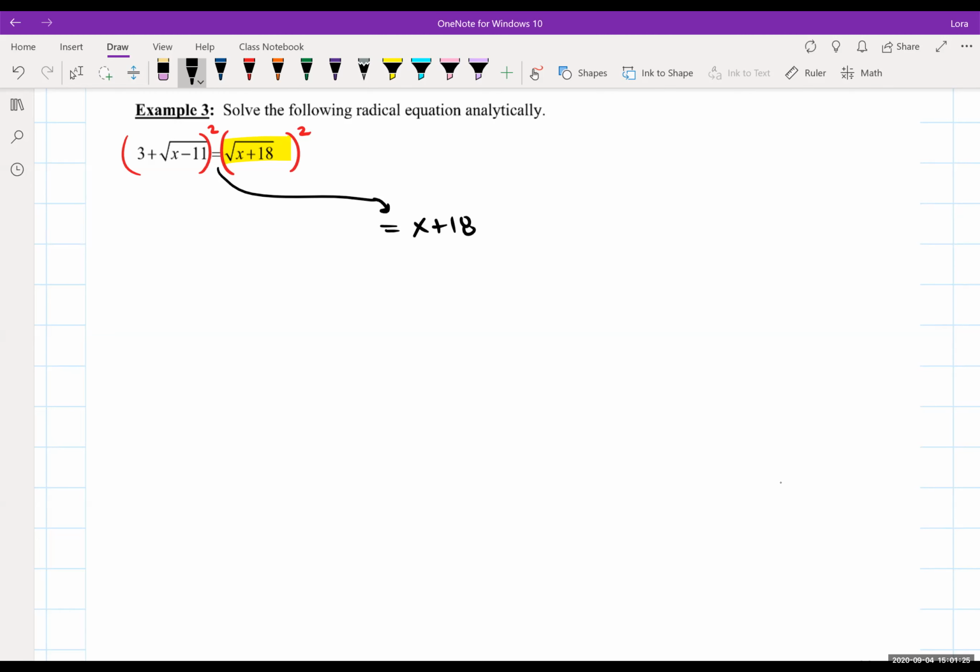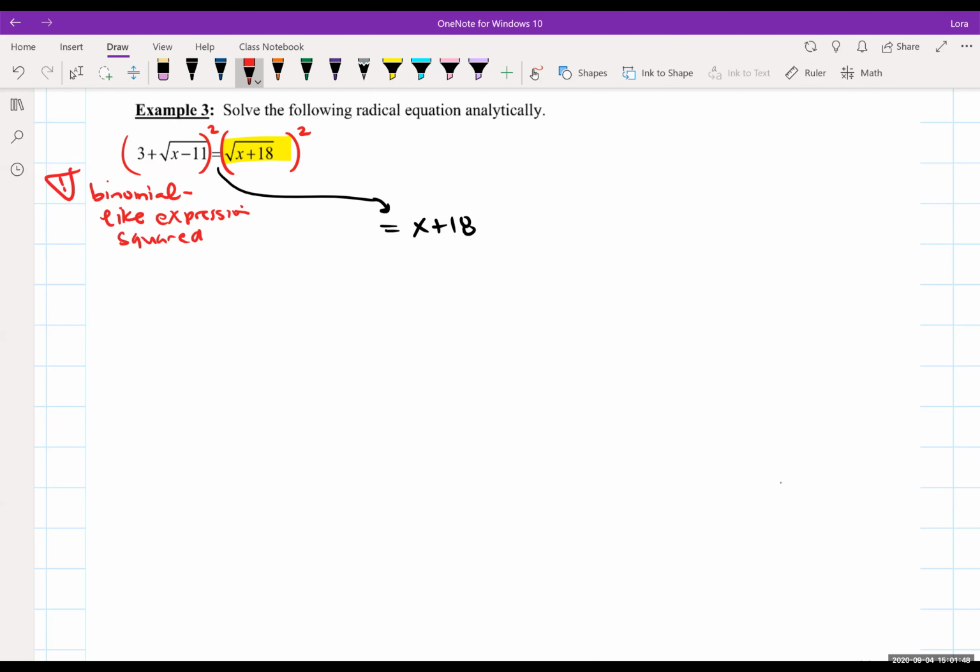However, when you look at the left-hand side, you're getting a binomial squared, so I want you to be really careful. This is still a binomial, well, binomial-like expression, if you really want to be precise. That's being squared.